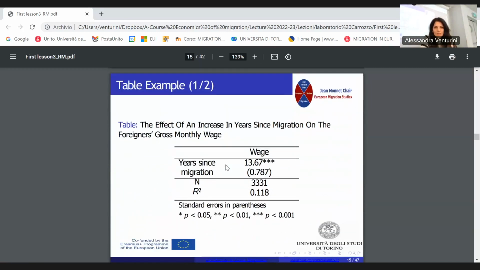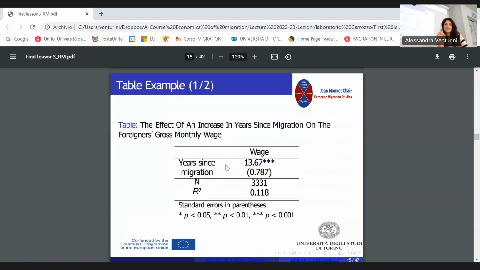Okay, take a look at this example. This table shows the effect of an increase in years since migration, so the length of stay, on foreign gross monthly wage. In this case, we have 3,331 observations. So we have a large population, and we try to explain only this variable. We try to explain the effect of years since migration on the wage, which is not the only variable that affects wages, as we know.